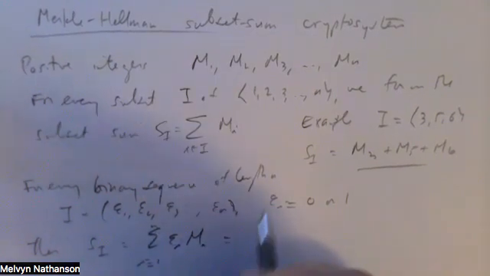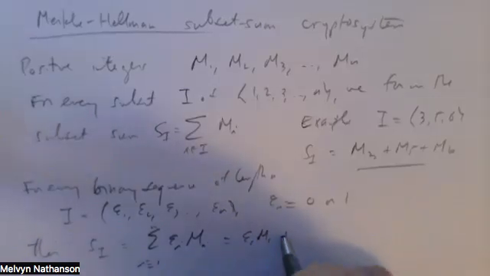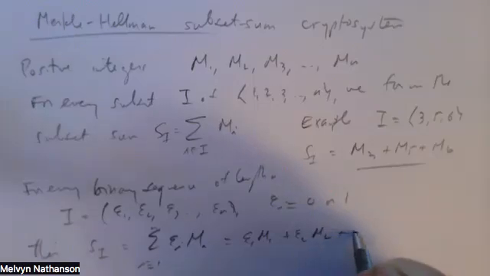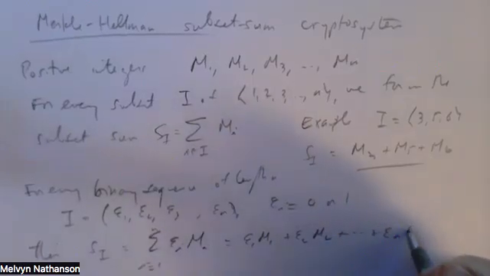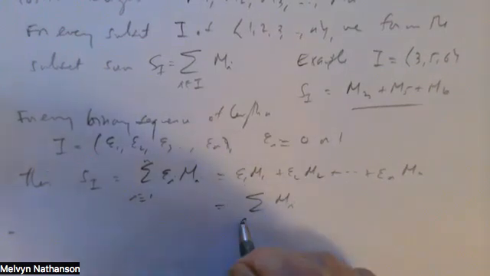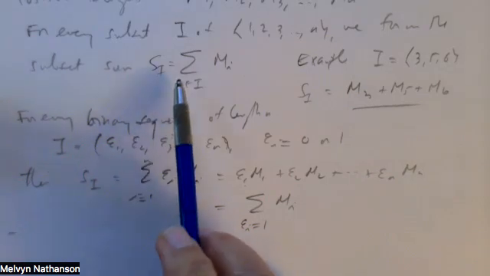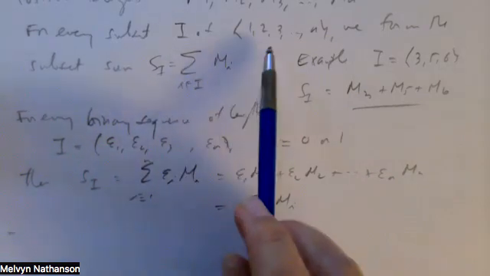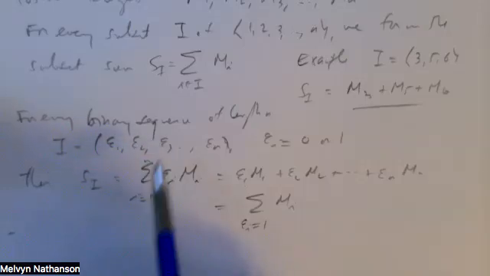So this means epsilon 1 m1 plus epsilon 2 m2 up to epsilon n m sub n. But of course, these coefficients are 0 or 1. So this is really just the sum over all the m sub i, where epsilon i is equal to 1 and not equal to 0. So there's a one-to-one correspondence between subset sums of the set and binary sequences.